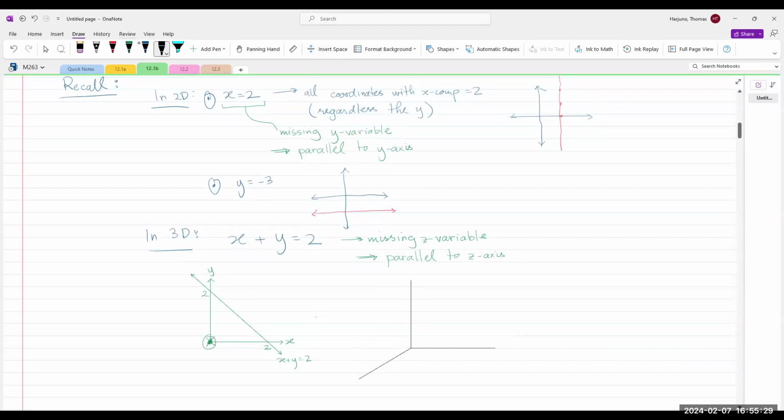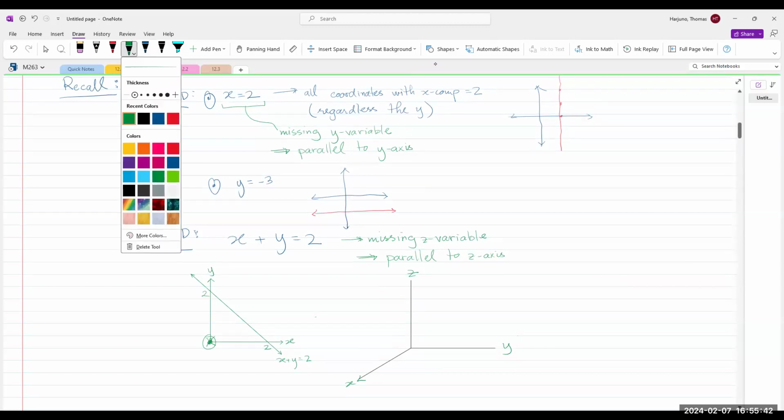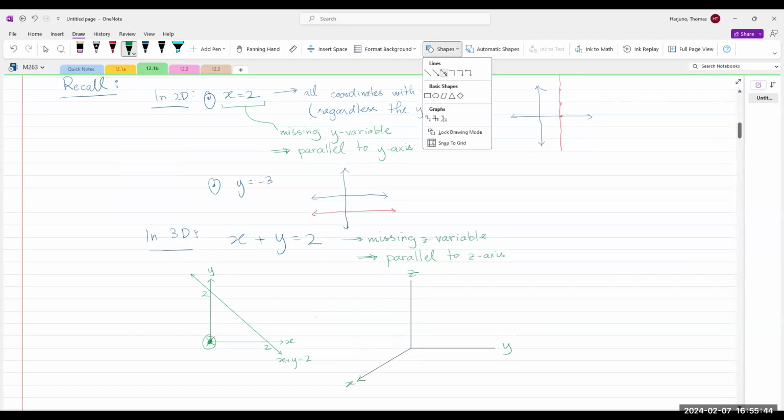If this is my x-axis, y-axis, z-axis, then the line that we have there in 3 dimensions will be, let's start with the floor. It will be on the floor, like this, right? Okay, with this is 2, and then this is 2. Now then, copy this parallel to the z-axis.